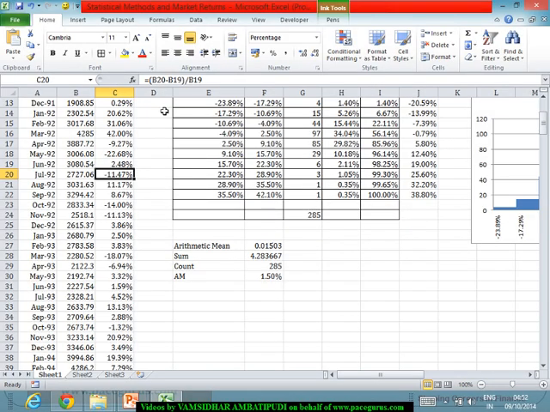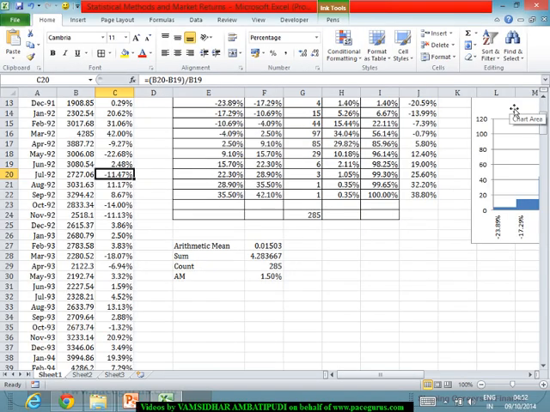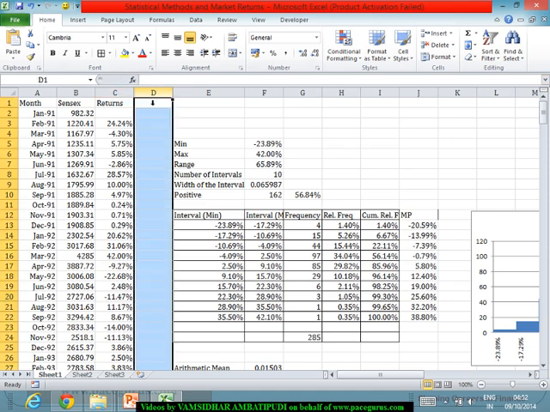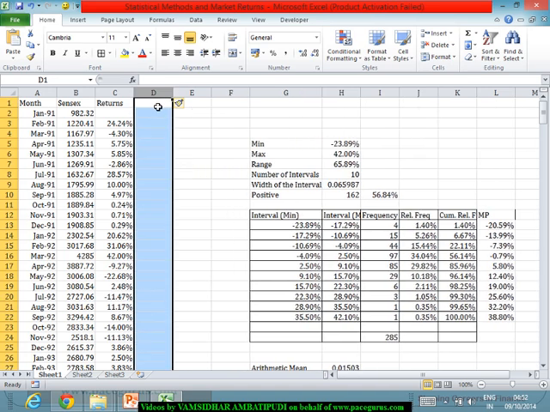And the good thing is, if I sum up all the deviations, the sum of deviations from the mean, it is always equal to 0. Let's try it out. I would like to find the deviation of each of the individual observations from the mean.